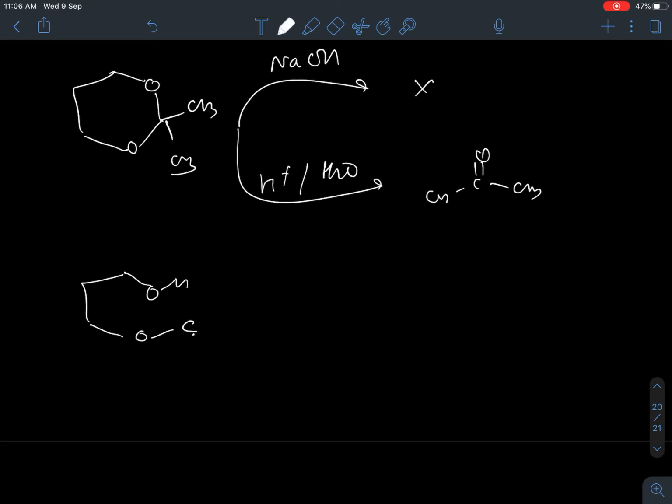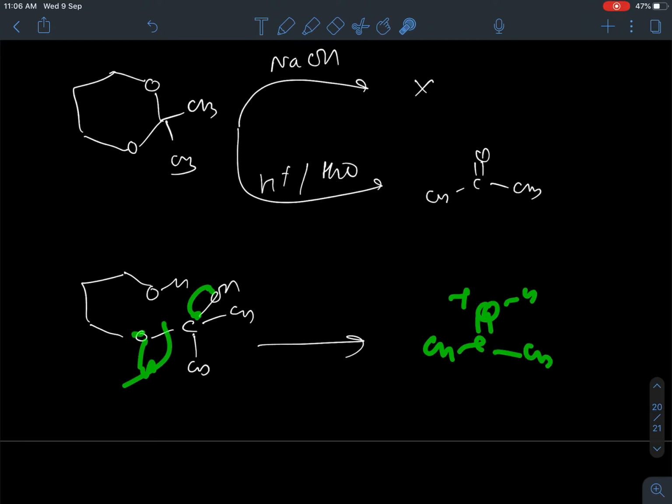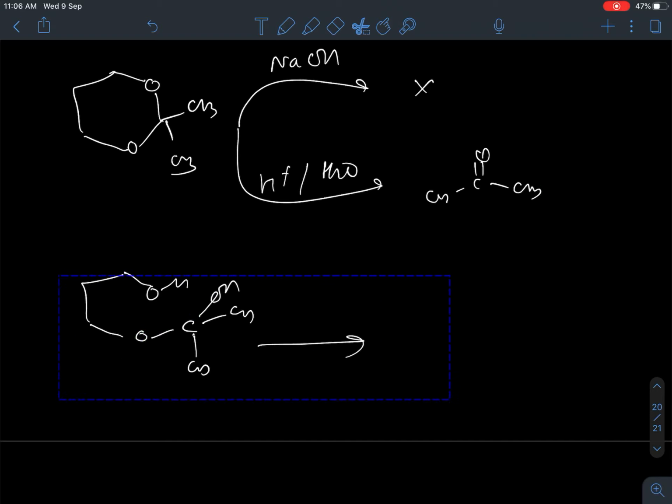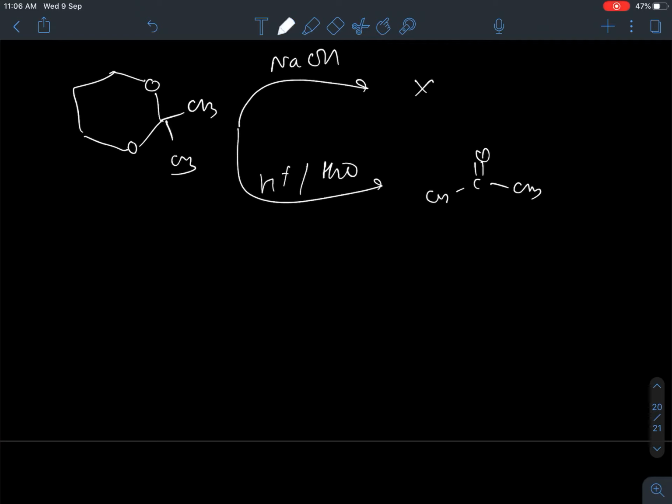Right, the final thing that you are going to get is, and then once again protonate this and give a backup and break this. So what you are going to get is CH3C double bond O, CH3, and deprotonate it, and you got this. So that's how you have to do it, just the reverse of what we did for the formation of that.